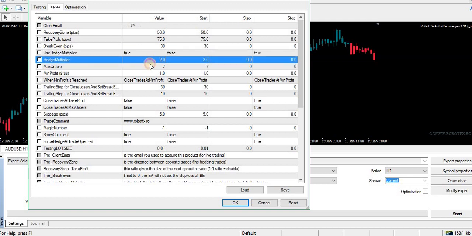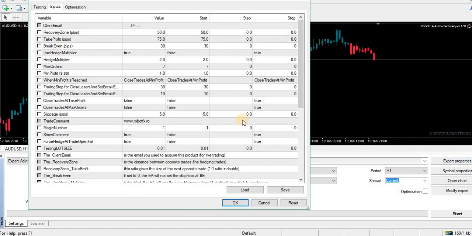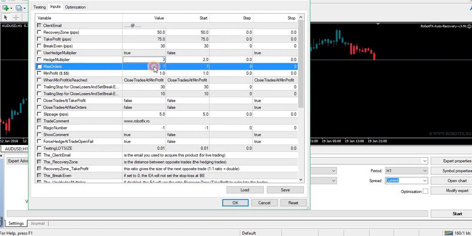If you set it to true, it means that if you open a buy right here, lot size 1, then the expert advisor will place the pending sell of the buy lot size multiplied by the hedge multiplier, which is 2 with these settings. So the pending sell order will be 2. Set the multiplier to 3, and it will of course multiply by 3, which will make the pending hedging order 3 times bigger than the initial order.